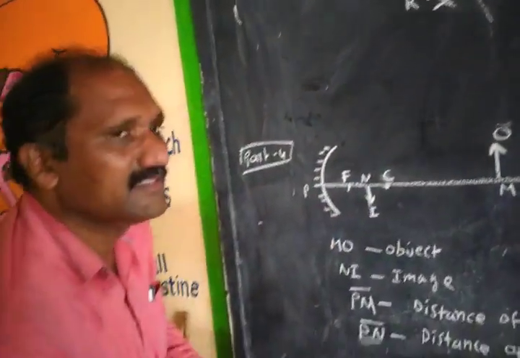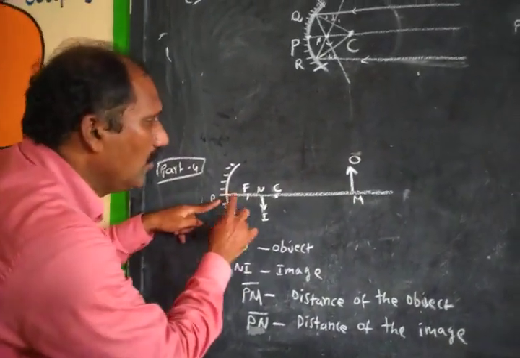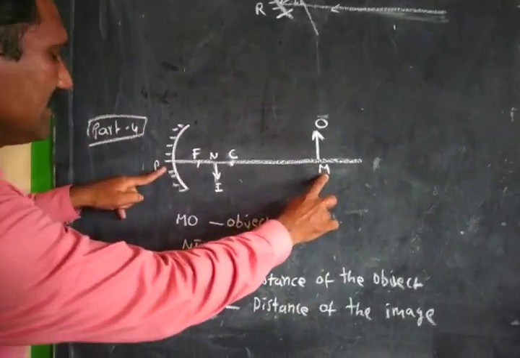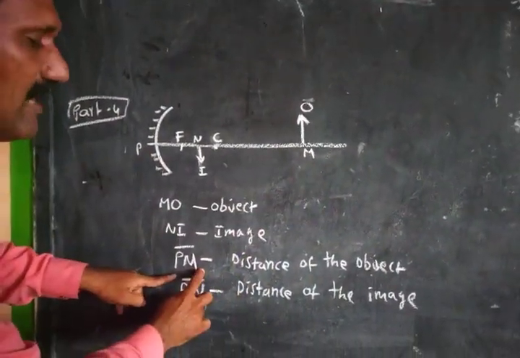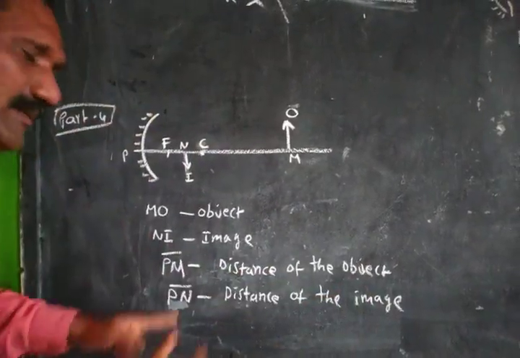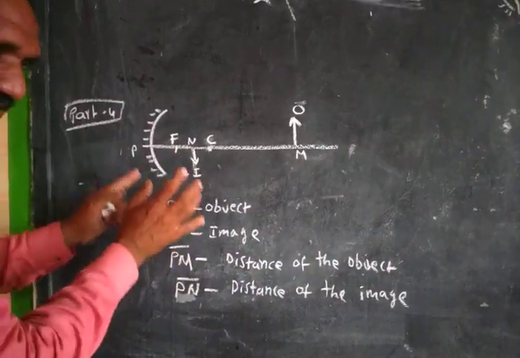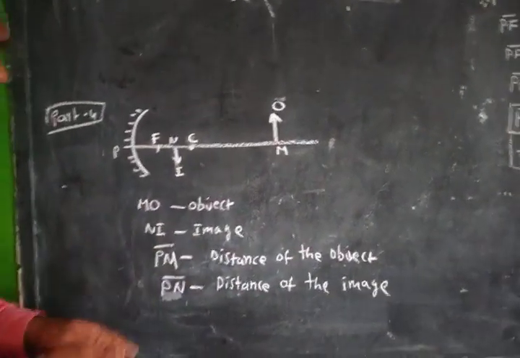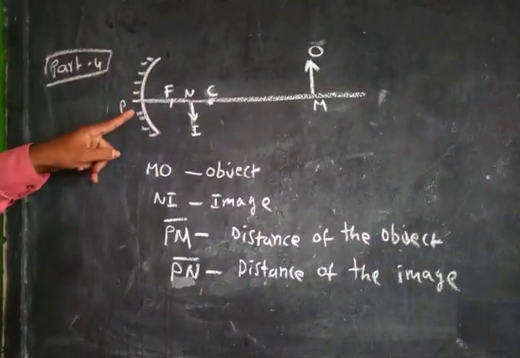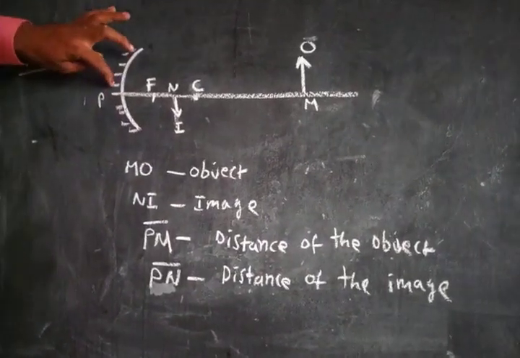Then the distance from pole to object, that is PM, is called the distance of the object or object distance. All the distances must be measured from the pole only.